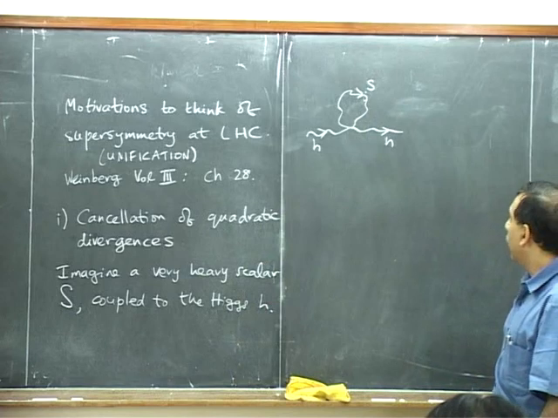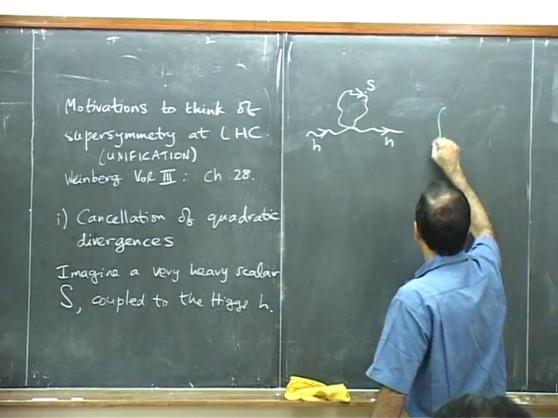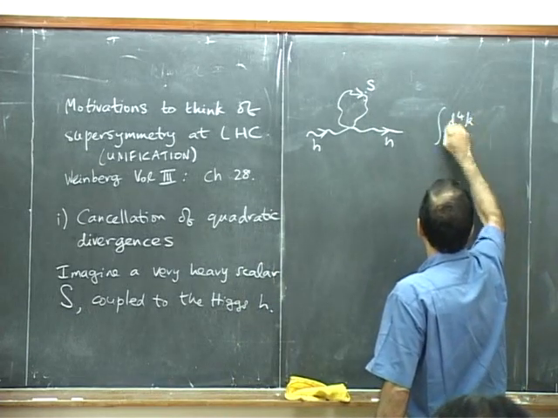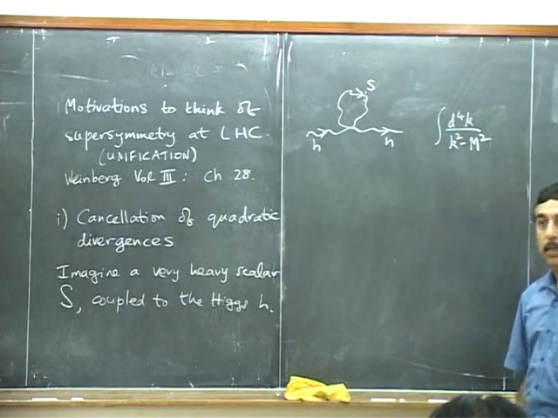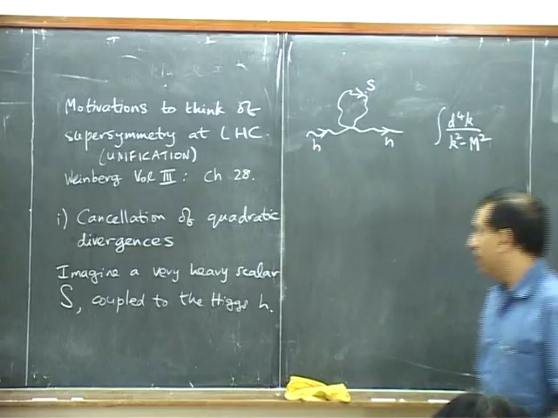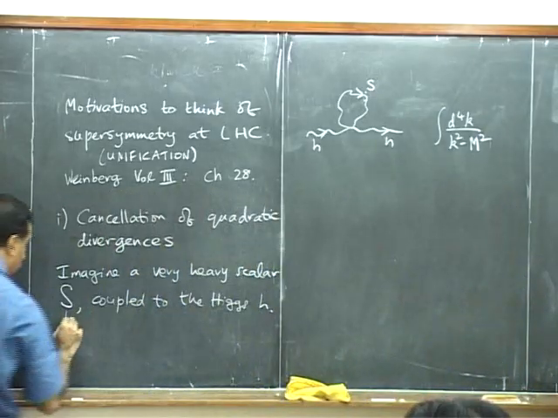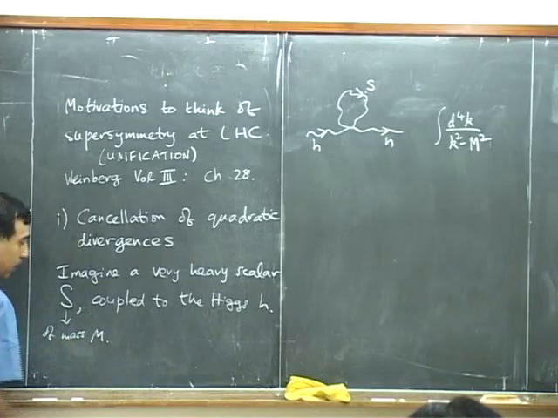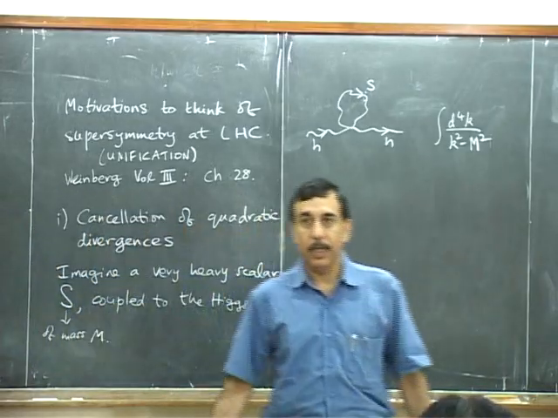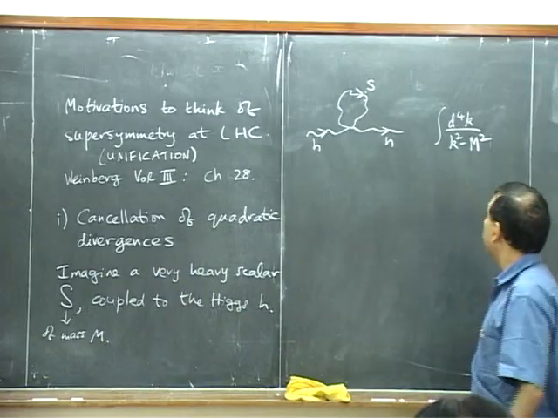And if you evaluate this diagram, you'll find that the loop part of it is this, where capital M is the mass of this S. And you're supposed to imagine that this capital M is a very heavy scale, like 10 to the 17 GeV.